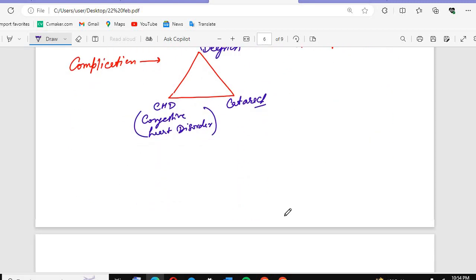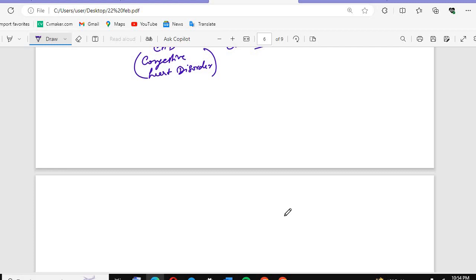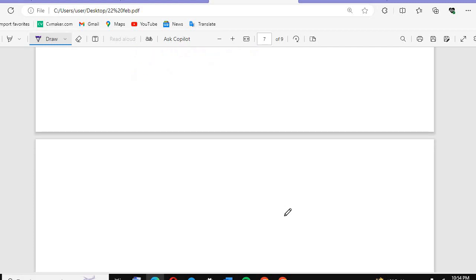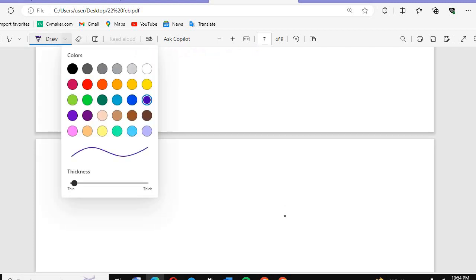Okay, now let's continue with the other topic, that is chicken pox. These four topics: measles, mumps, rubella, chicken pox. Very, very important topics. So you need to remember these things. Now remember, we have chicken pox.